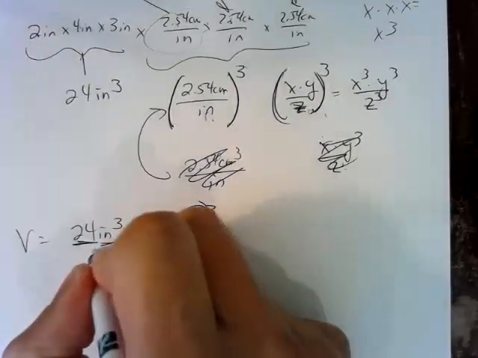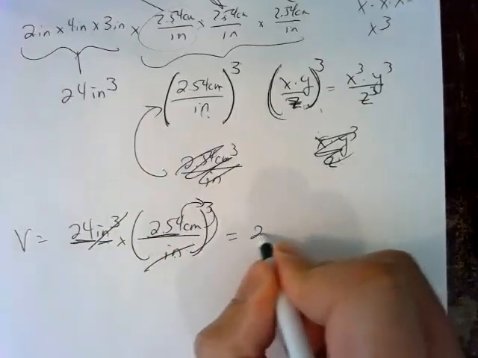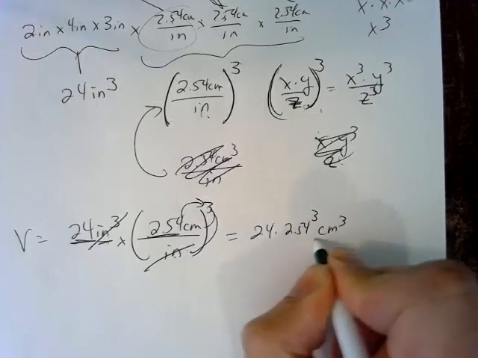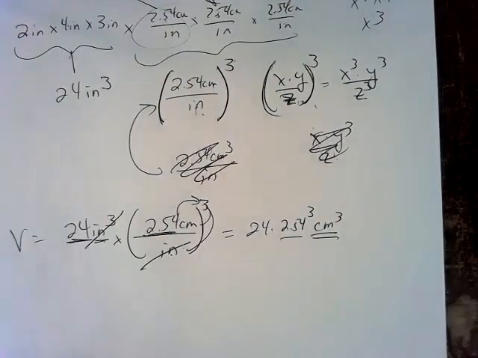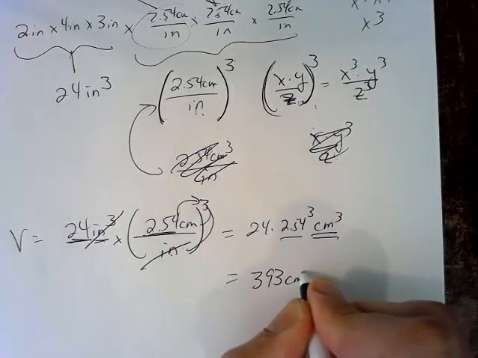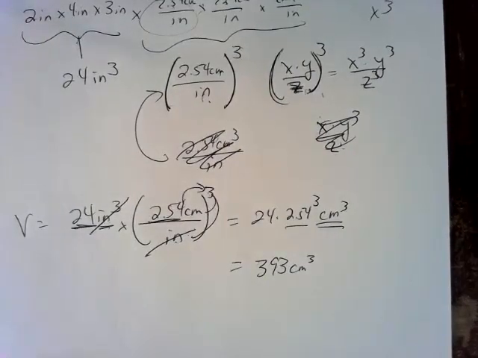So the inches are going to cancel the inches cubed, and we're going to be left with 24 times 2.54 cubed centimeters cubed. And if you take out a calculator and you plug in 2.54 and you cube that number and you multiply by 24, you get 393 cubic centimeters, the same answer as we got before.